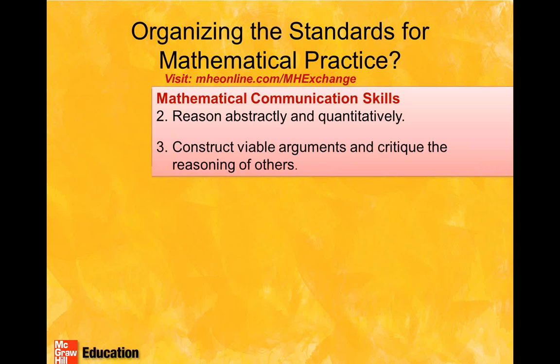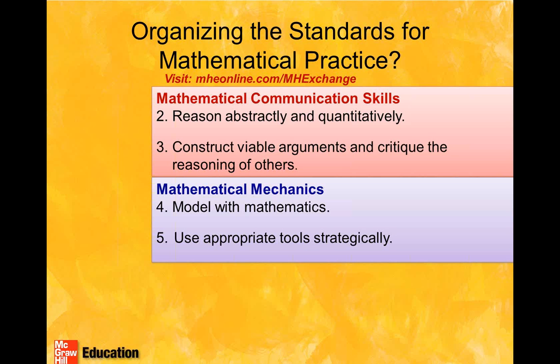We looked at the mathematical communication skills, which really center around standard 2, reason abstractly and quantitatively, and number 3, which is constructing viable arguments and critiquing the reasoning of others. Standards 4 and 5 we've labeled as the mathematical mechanics, since these standards address the mechanics of working with models and tools to solve problems.